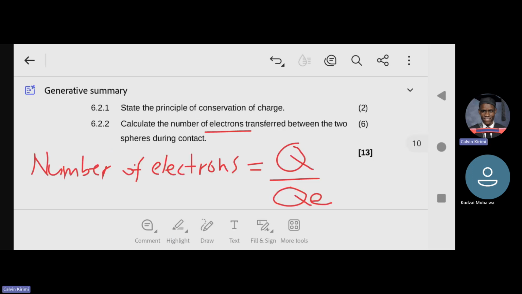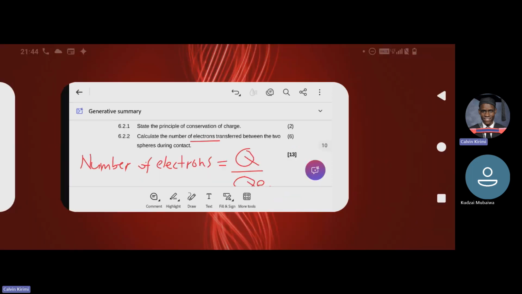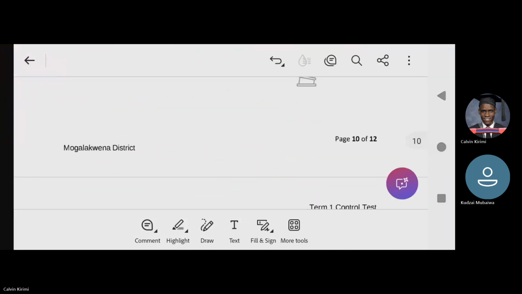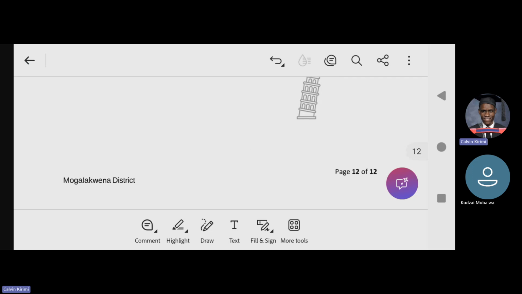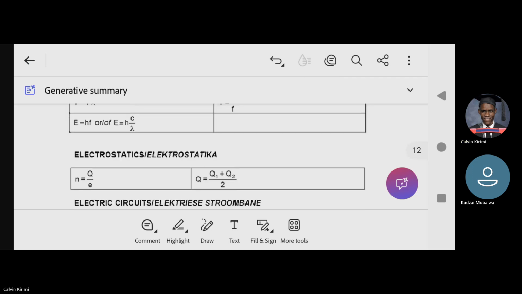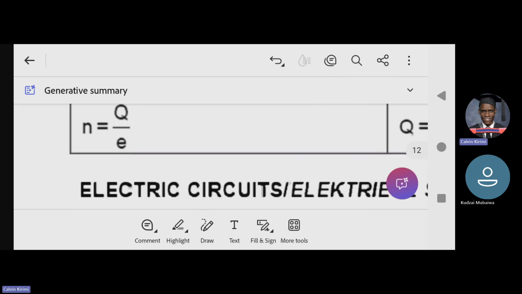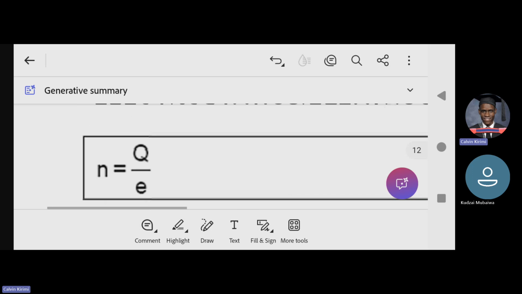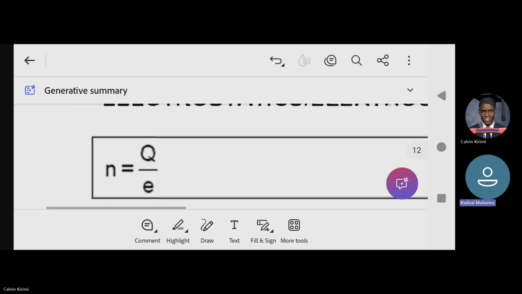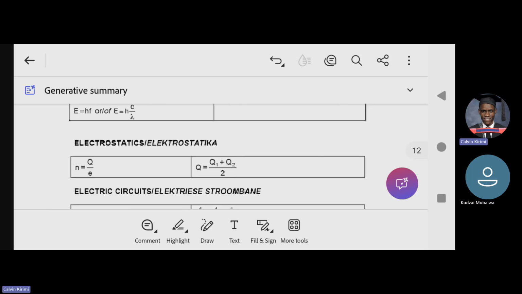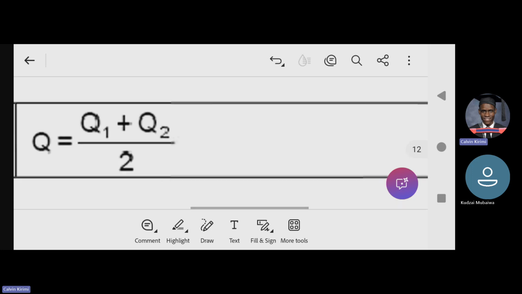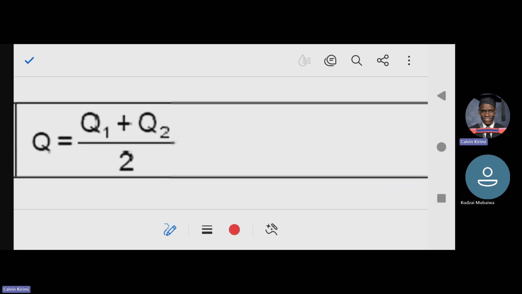And where do you get this formula from? This formula, you find it at the back of the question paper. Let me show you. N is representing the number of electrons. Can you see this formula? Yes, sir. That's where you are getting it. For that formula for charge on each sphere, we calculated the charge which was positive 4 and the charge which was negative 6, isn't it?